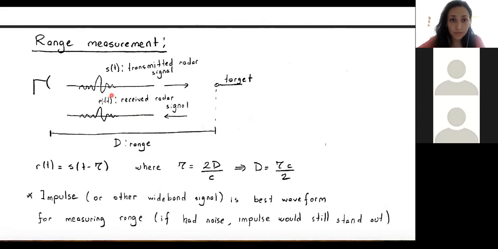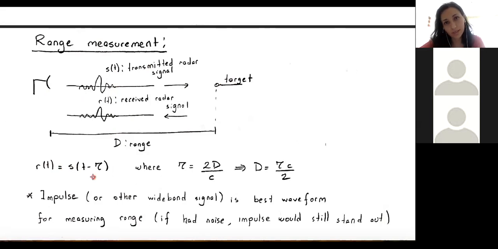To do that, we need to first understand our received signal. If we call the transmitted radar signal from the antenna S(t), suppose S(t) looks like this, then the received radar signal will differ from the transmitted radar signal approximately only by a delay.